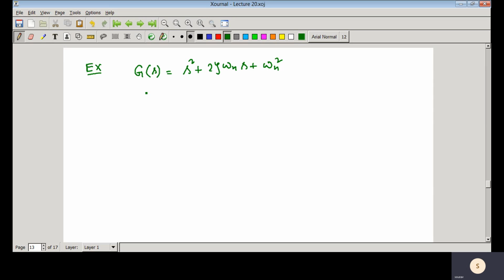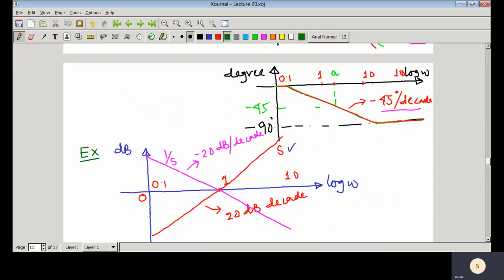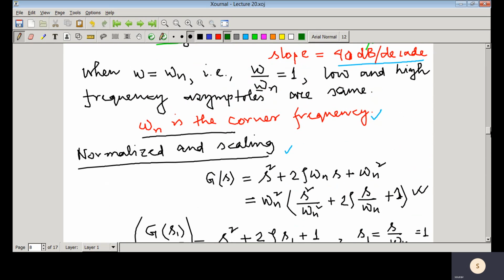We have seen how to represent it in normalized and scaling form, which we have discussed.